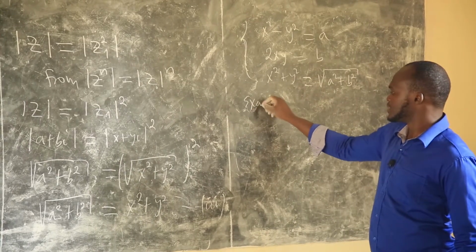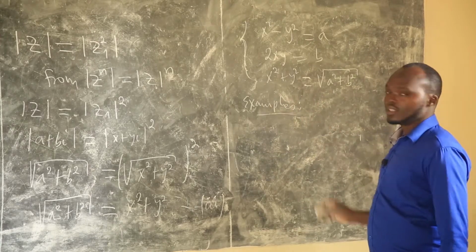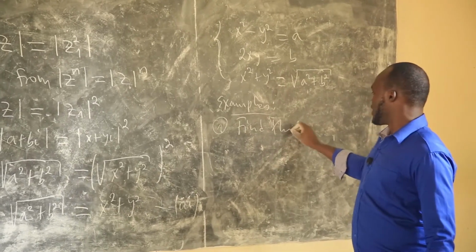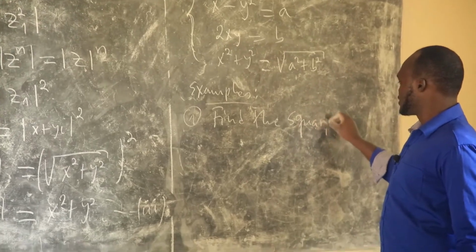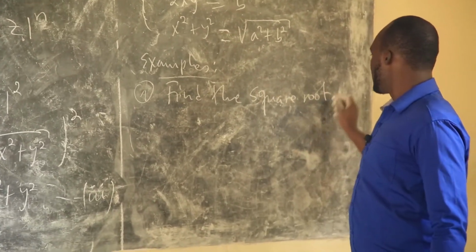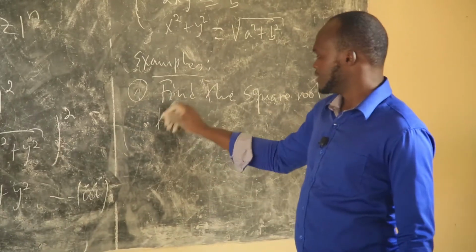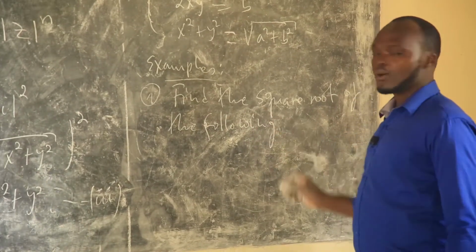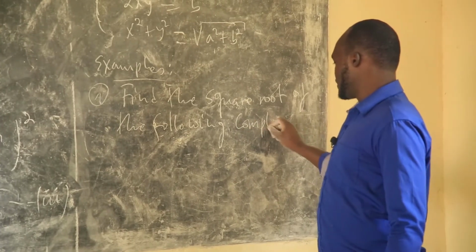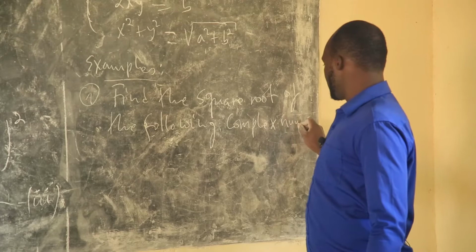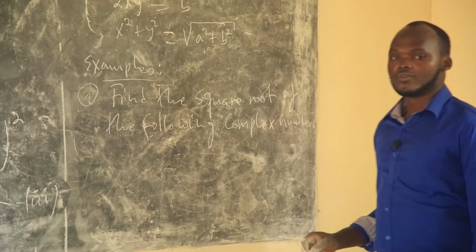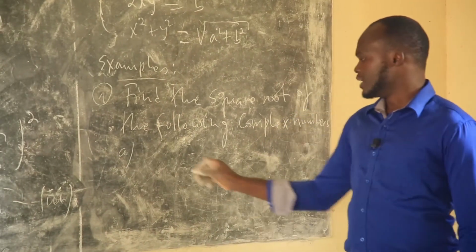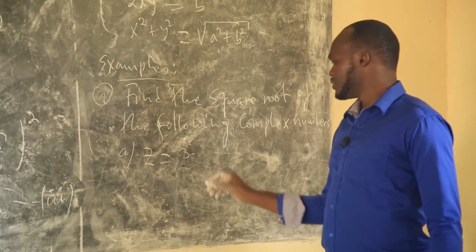Examples. Number 1, find the square root of the following complex numbers. We have a, z equal to 3 plus 4i.